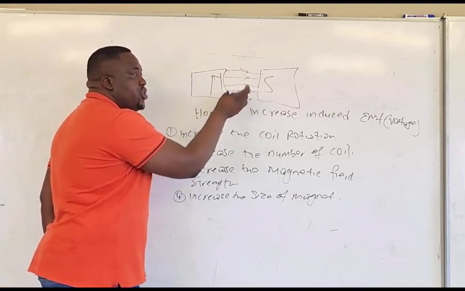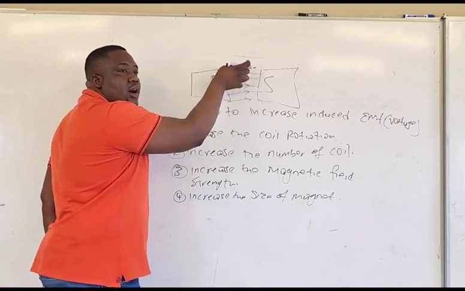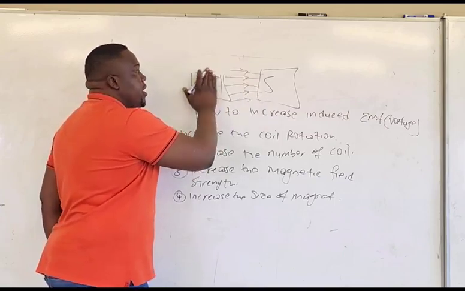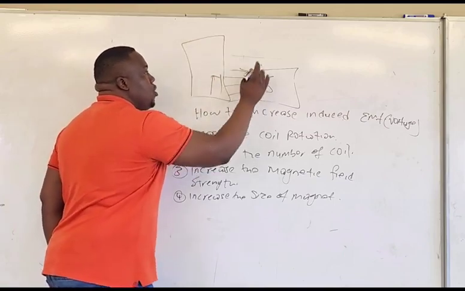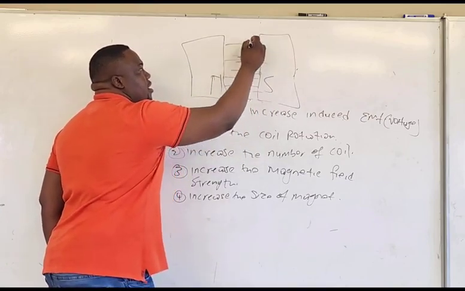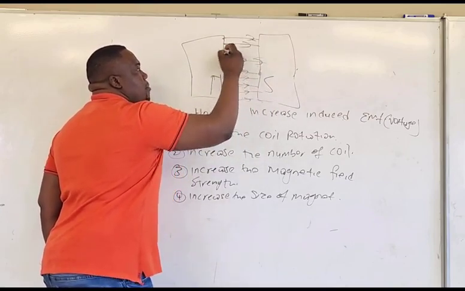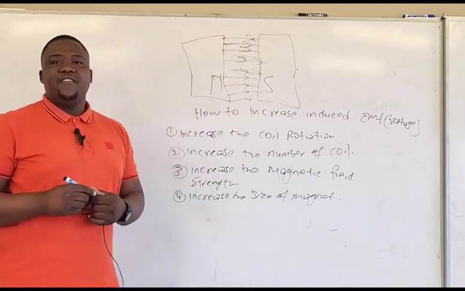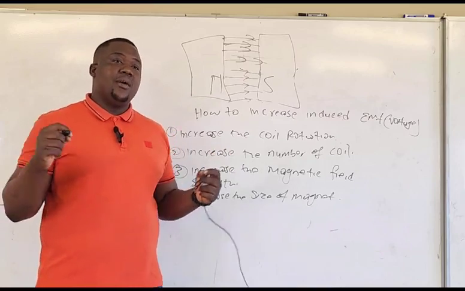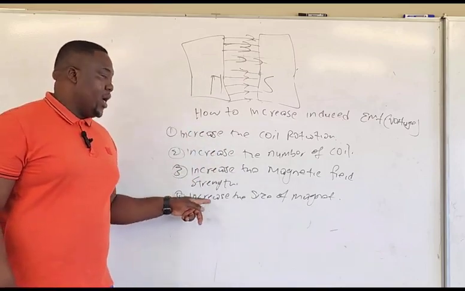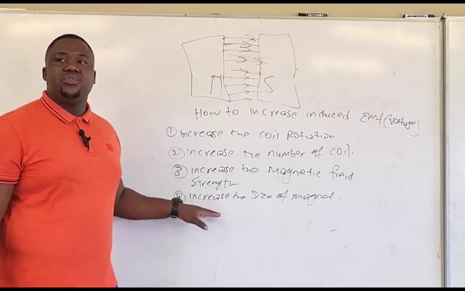According to this analogy, I just drew only four magnetic field lines. If I were to use a much bigger magnet, it means I would have even more magnetic field lines. So I have increased the magnetic field strength because I've increased the size of the magnet. These are some of the ways to increase the induced voltage.